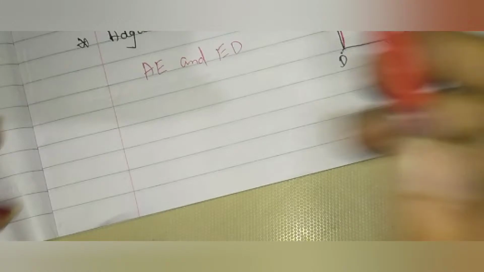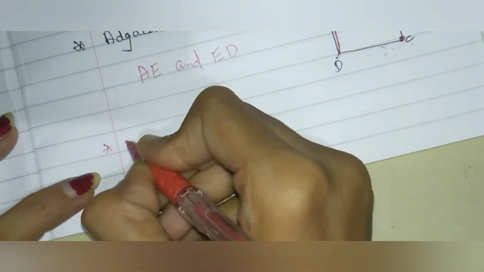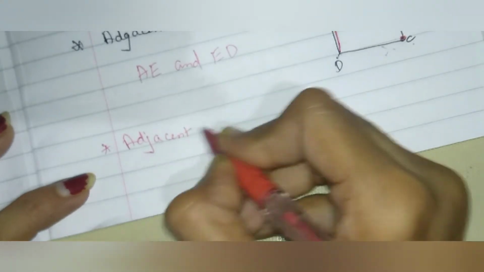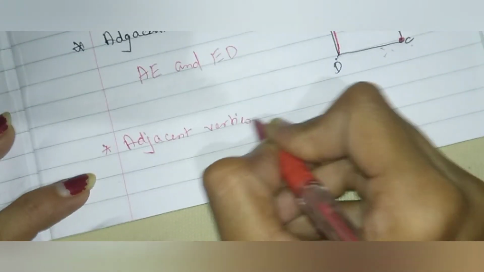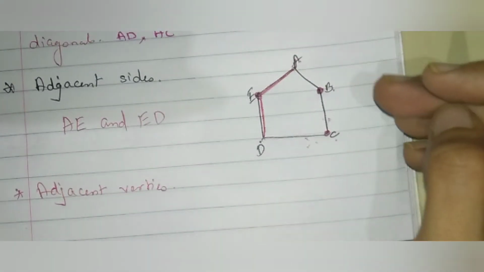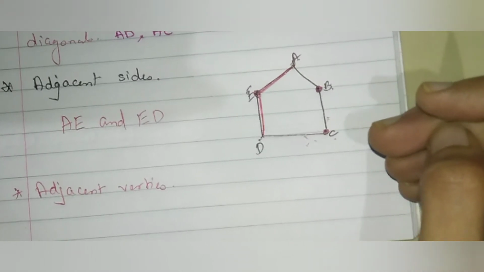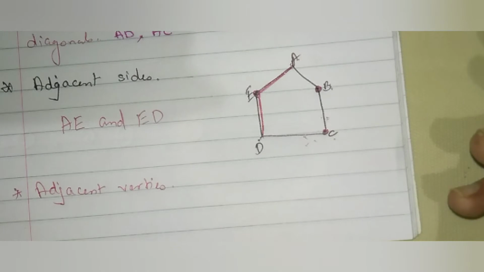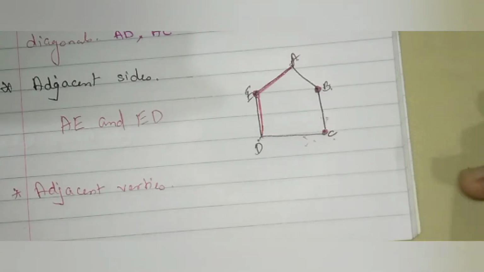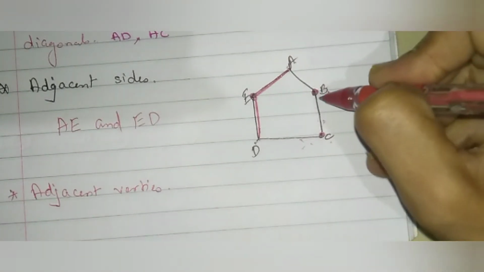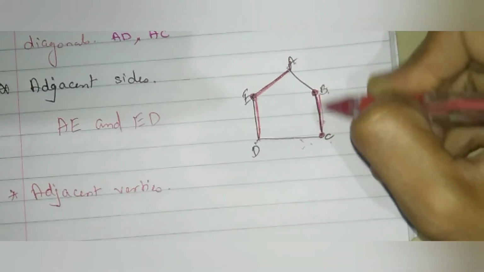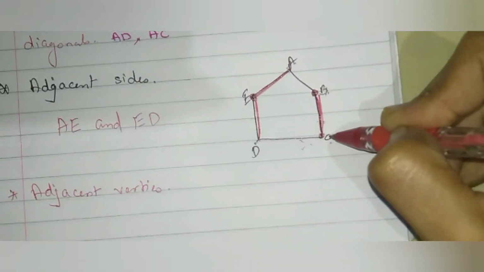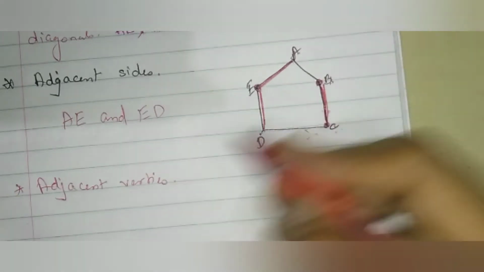Now we'll see adjacent vertices. What are adjacent vertices? Any two endpoints of the same side of a polygon. Two endpoints means if we take this side BC, those two endpoints are called adjacent vertices.